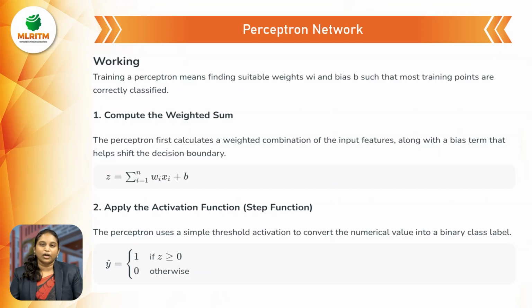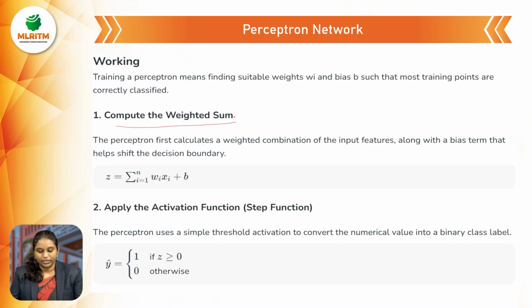Now how does the perceptron network work? Training a perceptron means finding suitable weights Wi and biases B such that most training points are correctly classified. The first step is to compute the weighted sum.